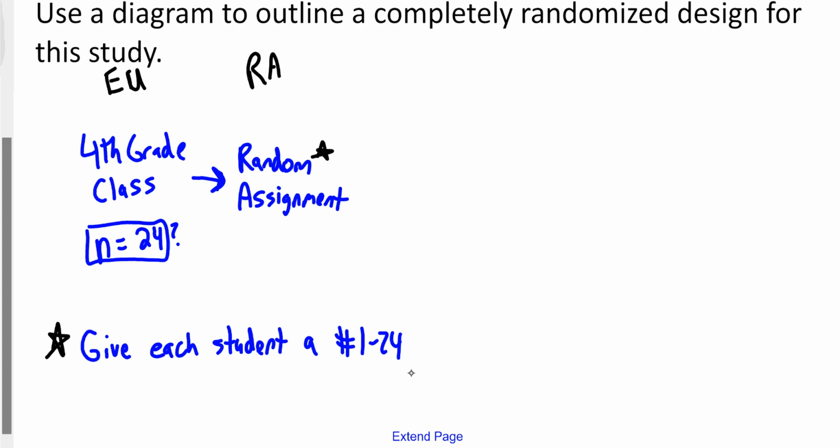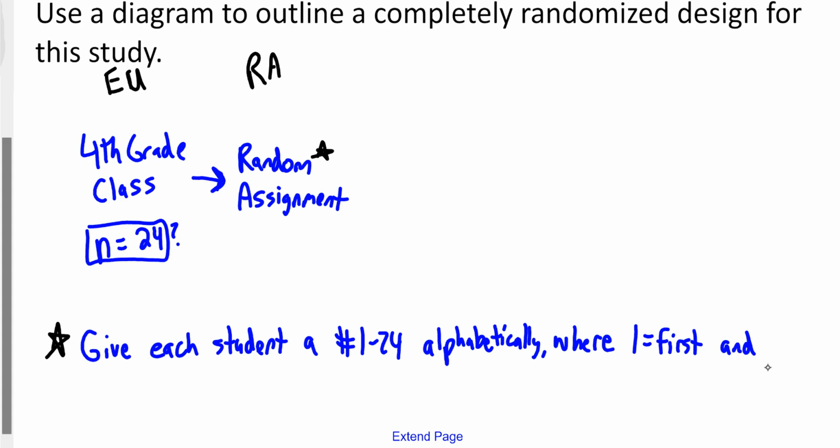You could use names in a hat if you want to explain that part too. A number 1 through 24 alphabetically. Where 1 is first and 24 is last alphabetically.